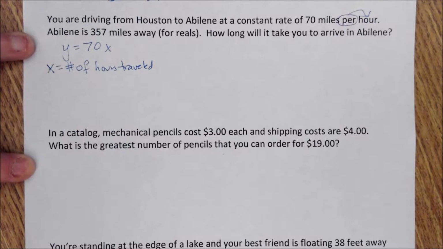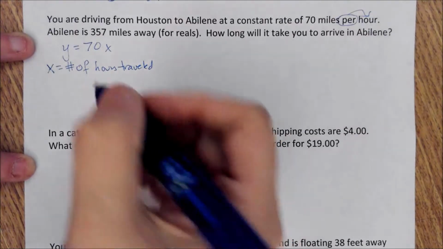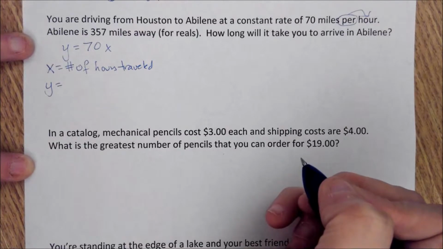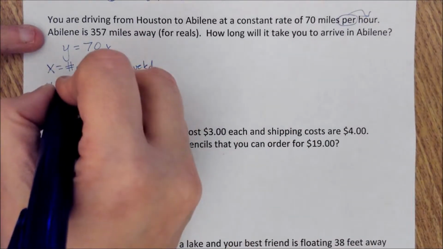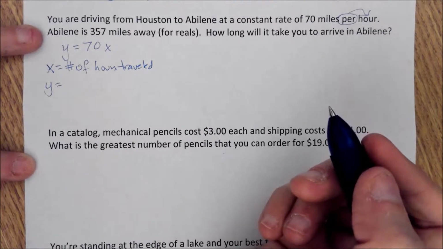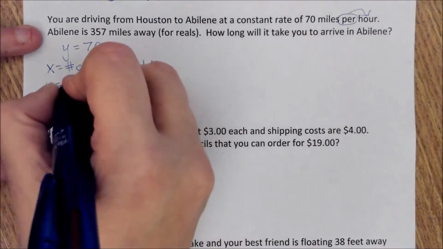Number of hours driving. We want to be very specific, because that way we know exactly what we're putting in for that variable. So what is y going to tell me? Total what? Total miles driven? Okay, total miles driven. I like that.